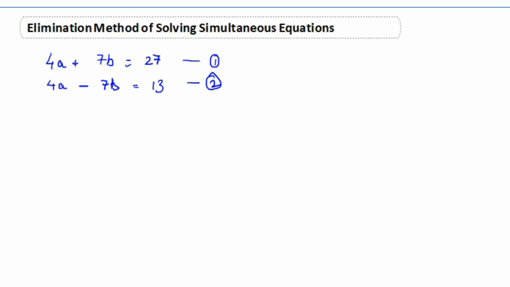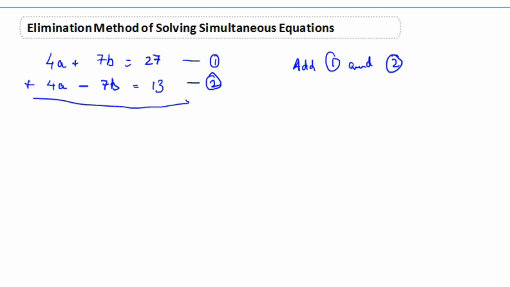Now I can add or subtract these two equations, and if I add them, obviously plus 7b and minus 7b get cancelled out. So I'm going to add equation 1 and equation 2. I'll use the vertical method here.